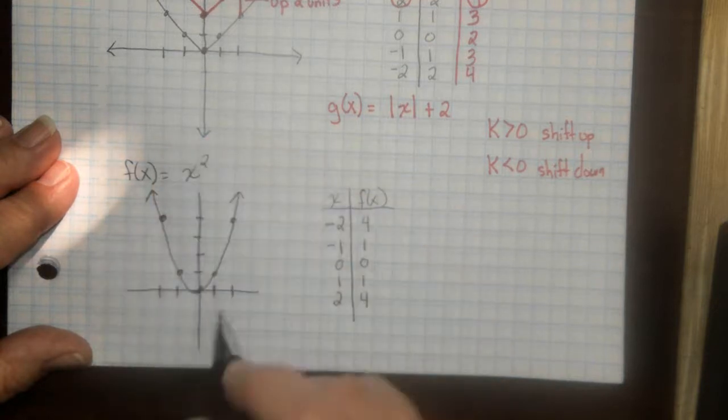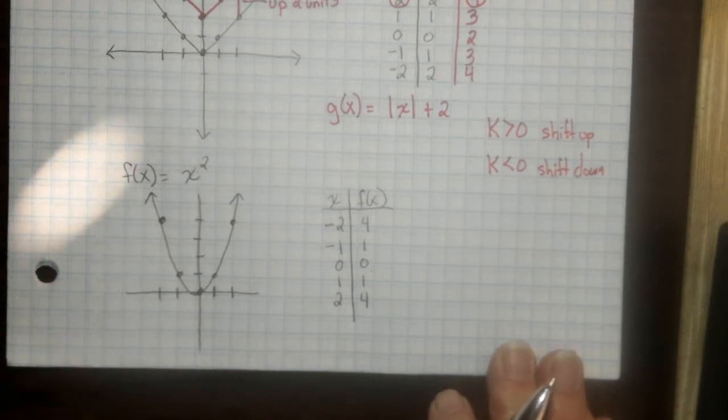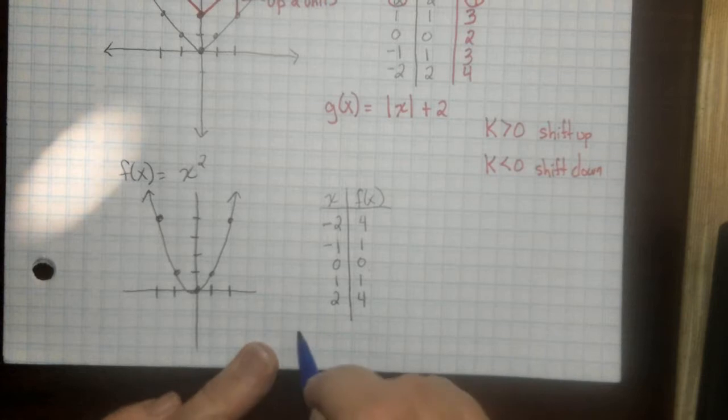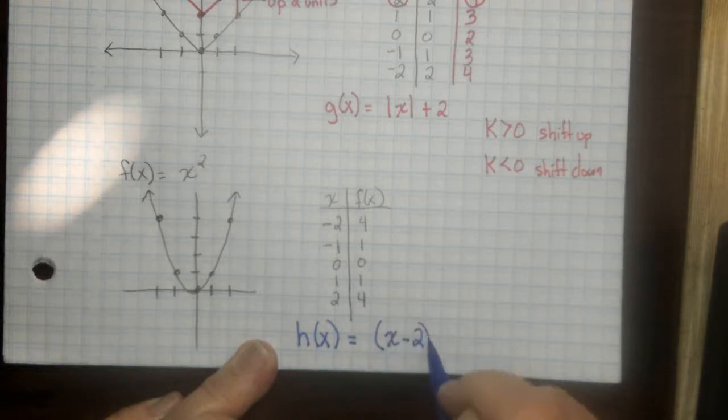So I have a parabola with a vertex at 0, 0. So, in another color, I'm going to do a translation. h of x is equal to parentheses x minus 2 squared.